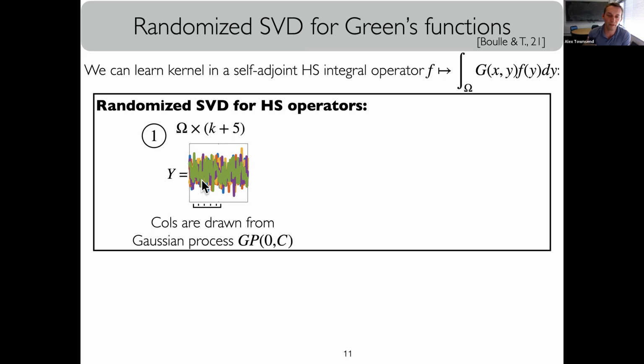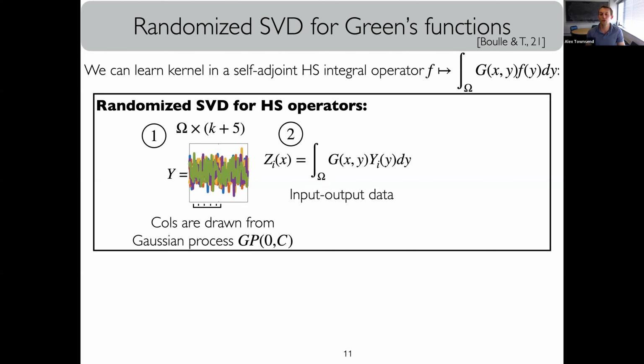So here we have a randomized SVD with correlated inputs, or random functions from a Gaussian process. But now you do the same thing. You plug those functions into the solution operator and you see the response. So this is like a matrix vector product, an operator function product. You get back these z_i's.